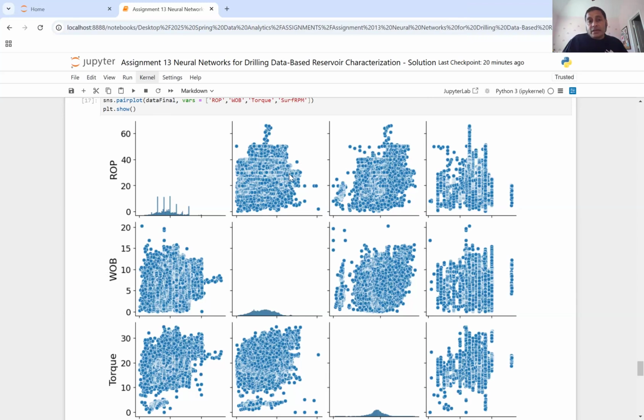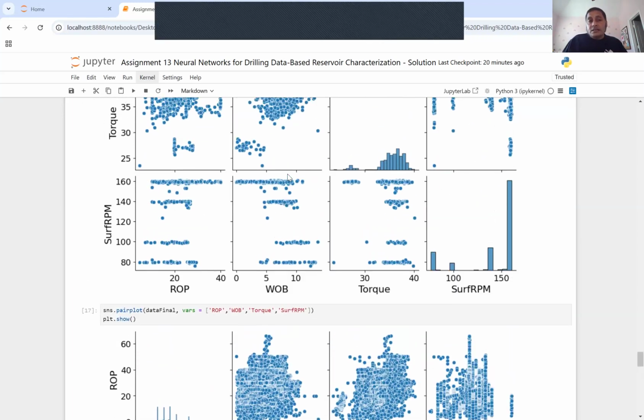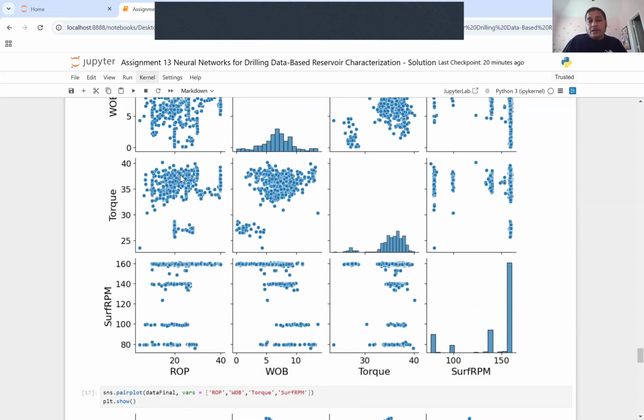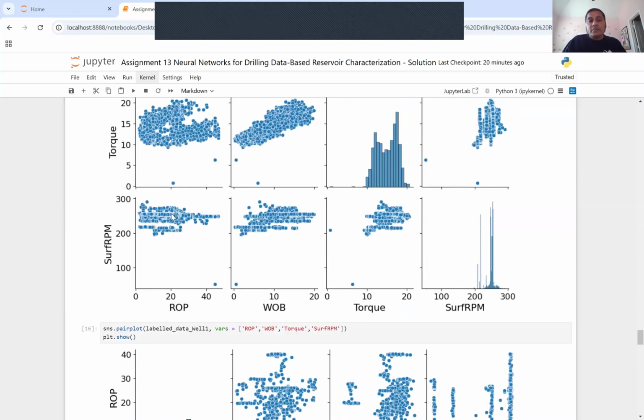But scrolling up again, we can now see that the torque associated with well 1 and the RPMs associated with well 4 are significantly high in comparison to the rest of the data set. So something else was going on, and it was likely not a lithological response.